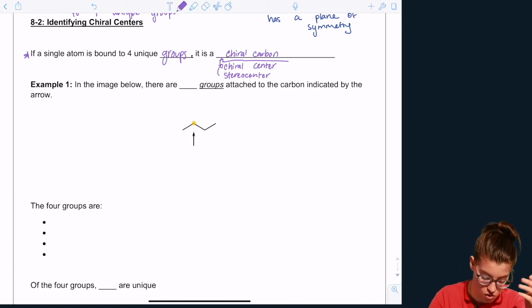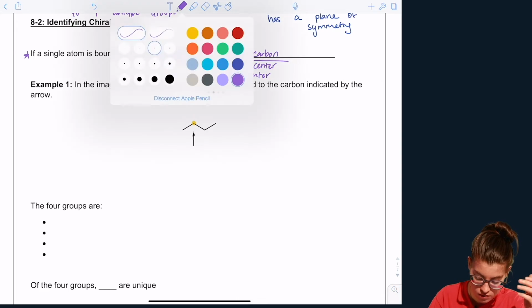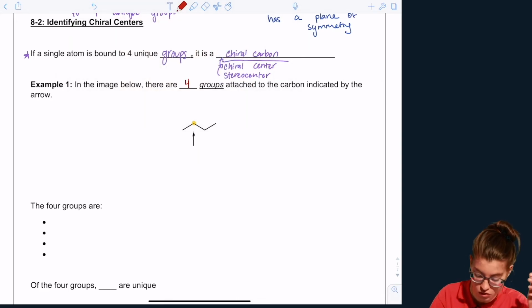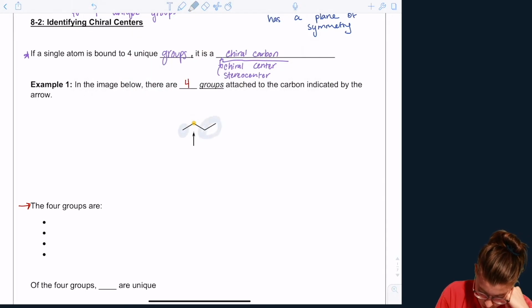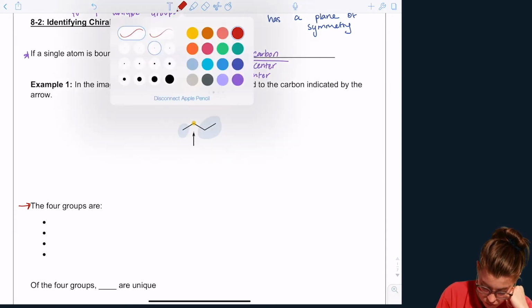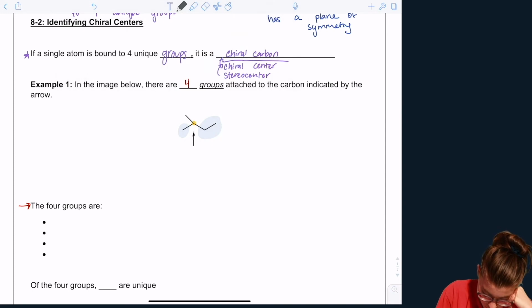So there are 4 groups attached to this carbon. What are these 4 groups? Let's circle them. We've got a methyl group, an ethyl group, and we can't forget that we have 2 invisible hydrogens here.